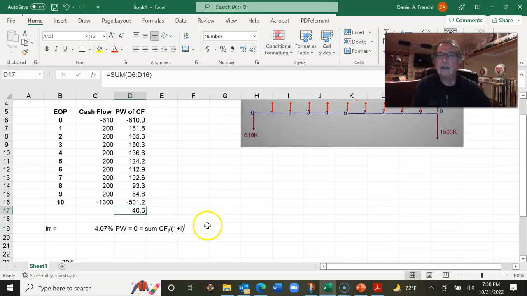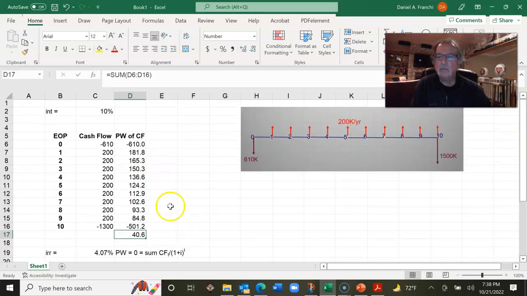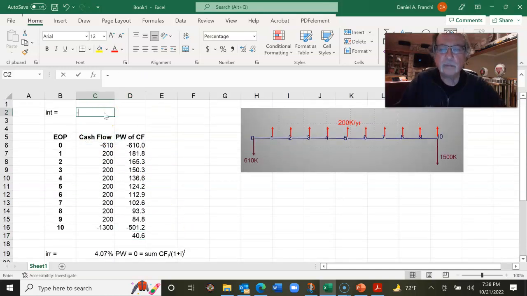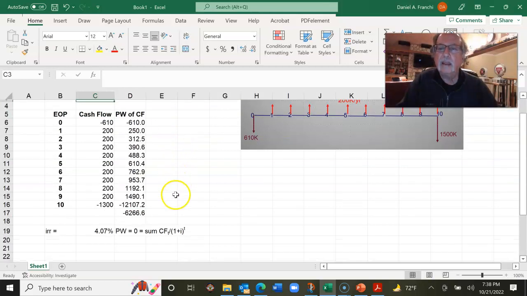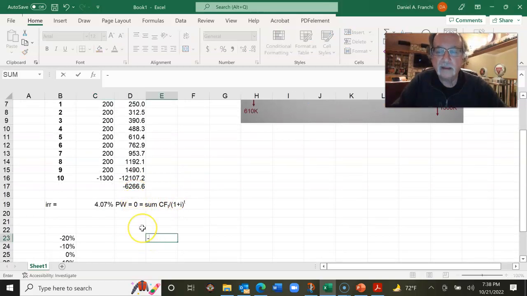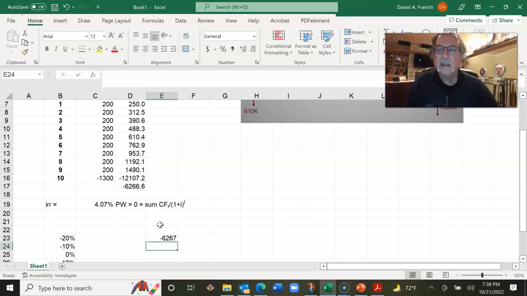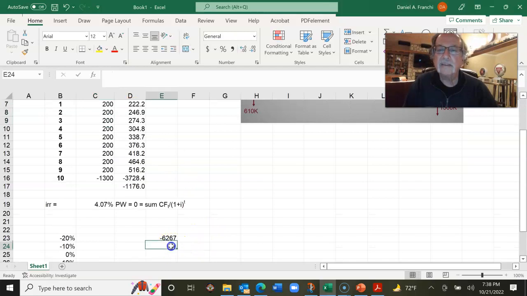Okay, so I can do it at minus, let me just pop in minus 20%. And I get negative 622.6.67. Let me pop it in at negative 10%. I get negative 1176.